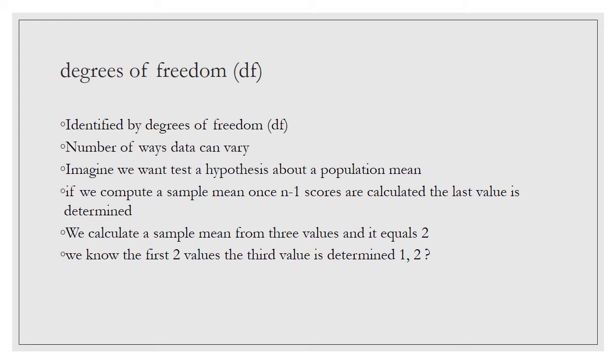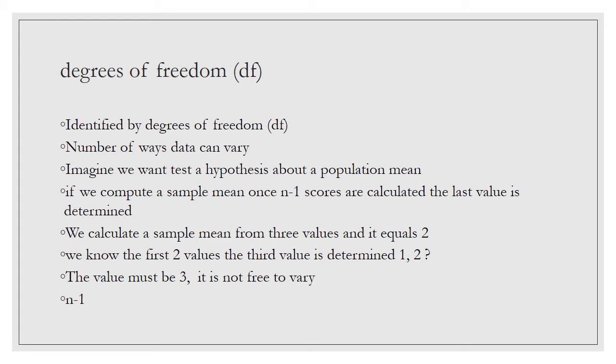That third value is not free to vary. It must equal the remainder to make that mean equal to 2. So that value must be 3. It is not free to vary.